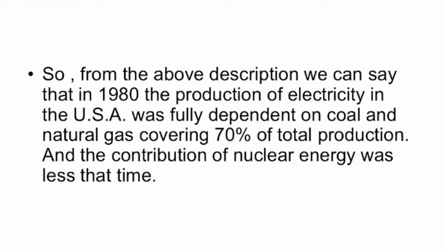So from the above description, we can say that in 1980, the production of electricity in the USA was fully dependent on coal and natural gas, covering 70% of total production, and the contribution of nuclear energy was less at that time. You must have seen that 70% comes from the contribution of coal and natural gas together.